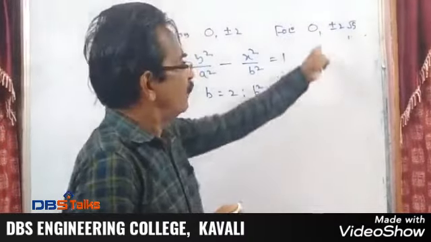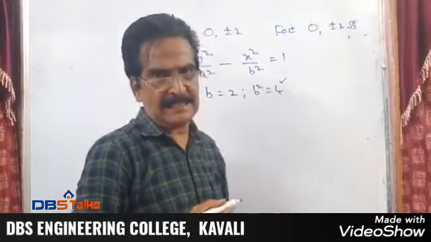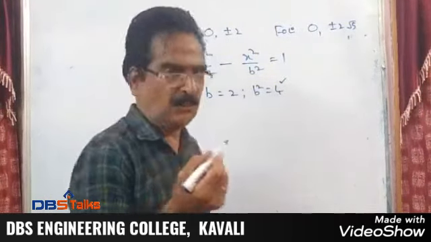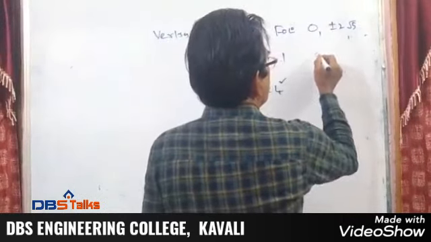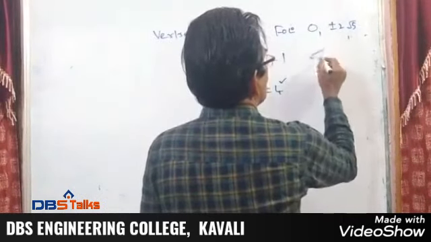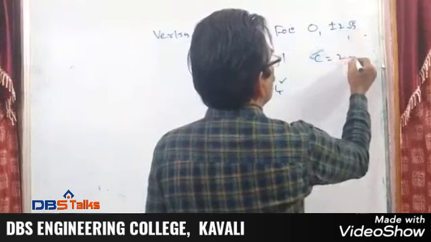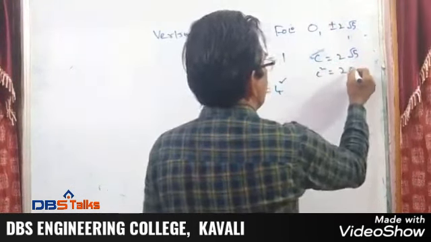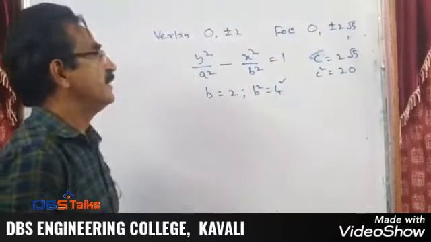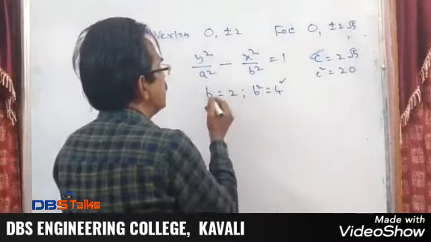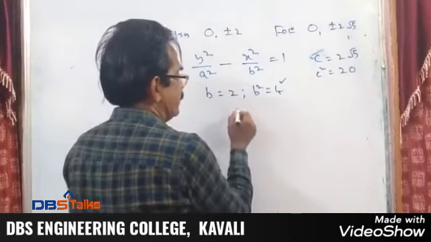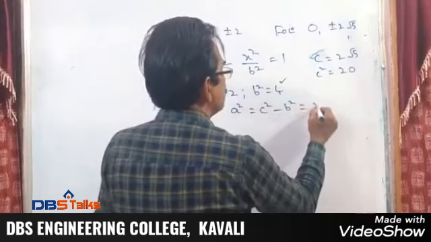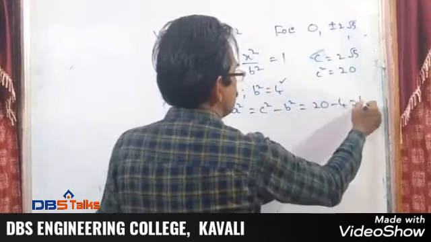For the foci on a vertical axis, foci are (0, ±c). So c is equal to 2√5, which means c² is equal to 4 times 5, 20. Now what else do we have to find? a². a² is equal to c² minus b², that is 20 minus 4, 16.